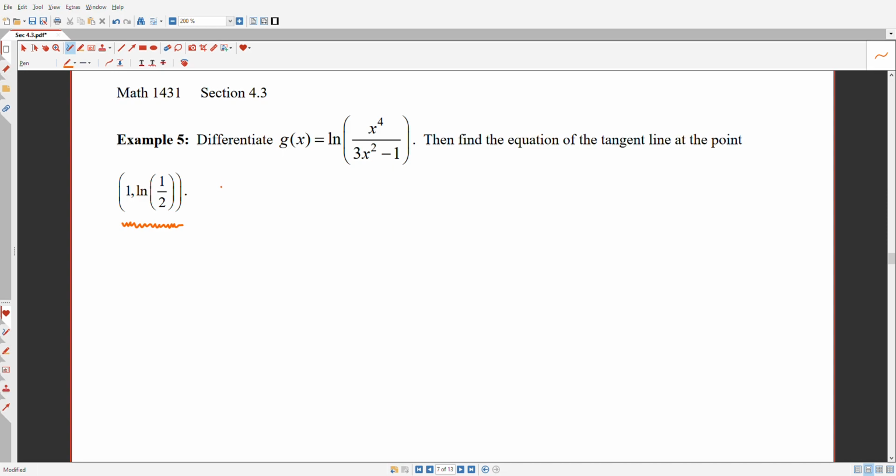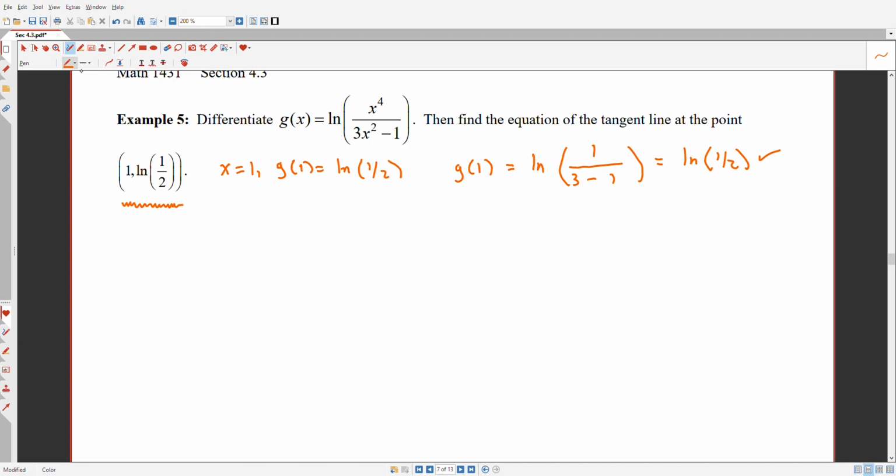This is saying when x equals 1, g of 1 should equal this expression, natural log of 1/2. Let's just check that that's true. What is g of 1? Well, g of 1 is the natural log of 1 to the 4 over 3 times 1 squared minus 1. Okay, so this does indeed equal the natural log of 1/2.